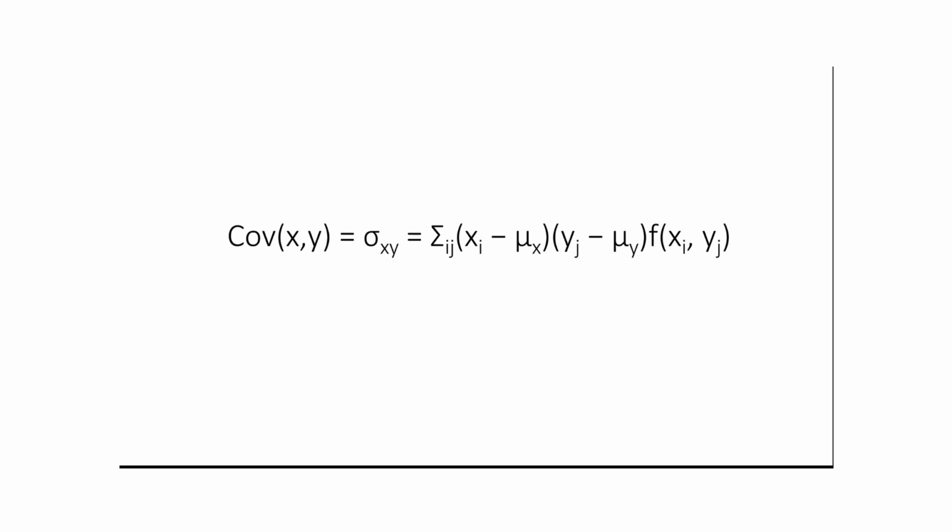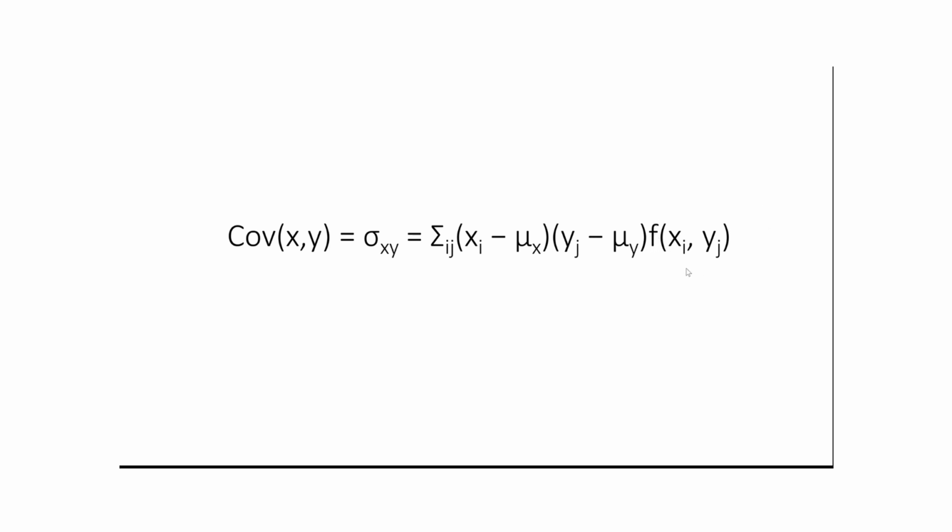The covariance of discrete random variables X and Y is a weighted average of the products of the deviation of random variable X from its mean times the deviation of random variable Y from its mean, times the weight.